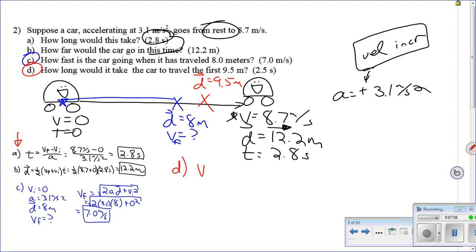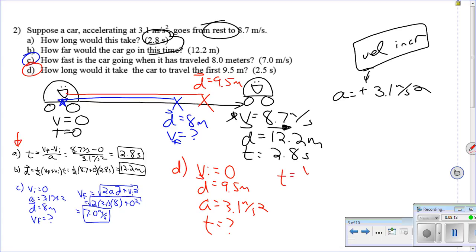Check it out. We know that our initial velocity is 0. We know our displacement is 9.5 meters. We know our acceleration is 3.1 meters a second squared. This time we're looking for time. And so our problem is the only time equations we have are, well, we got the x, but that doesn't help us at all because I don't know my final velocity.